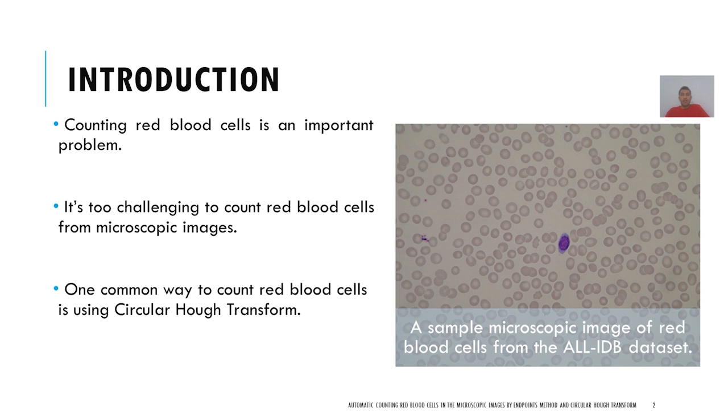There are manual and automatic methods for counting red blood cells. The manual method is time-consuming and depends on the expert's experience. The automated method is faster and more accurate than the manual method.